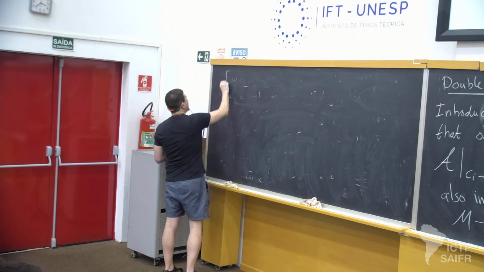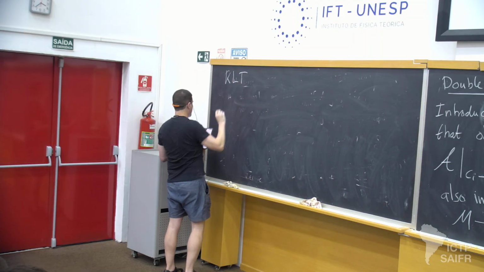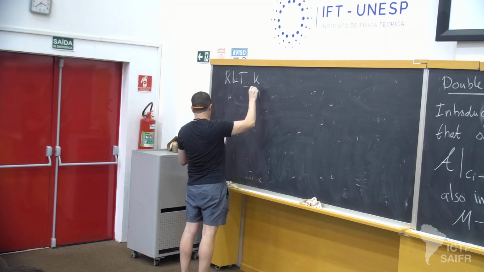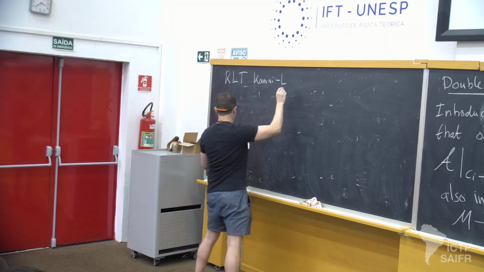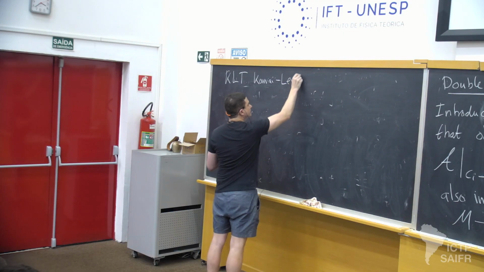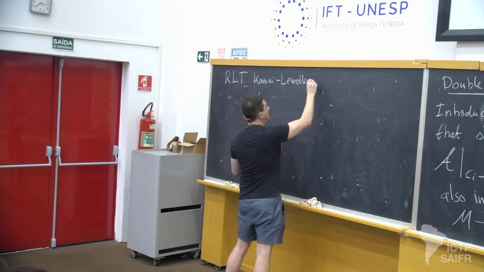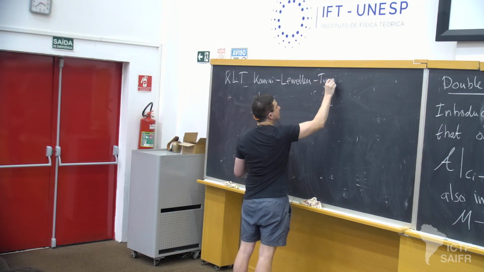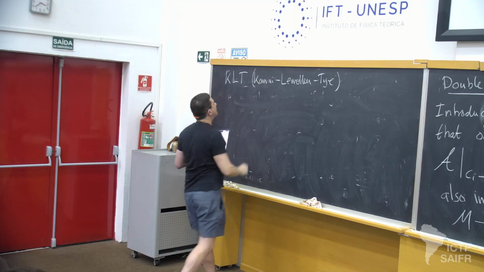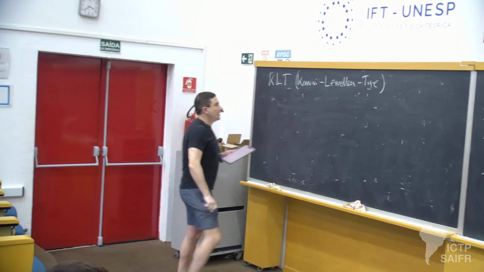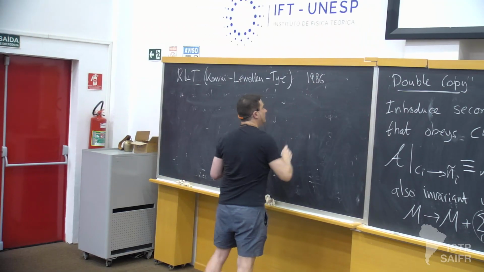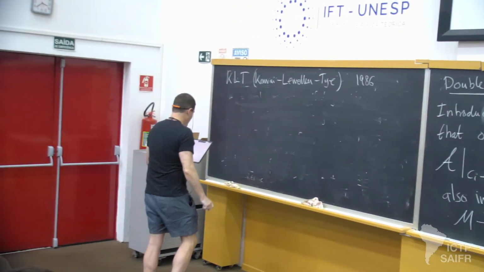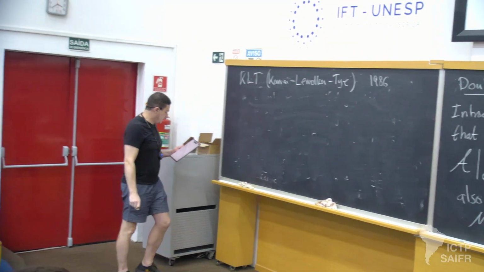KLT stands for Kawai, Lewellen, and Tye. And they discovered this in 1986, I think, or maybe 85. I think the paper was published in 86.